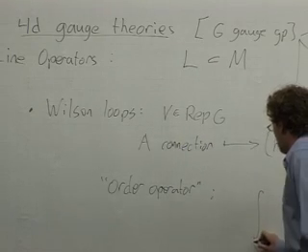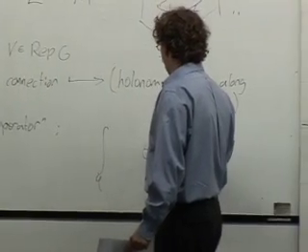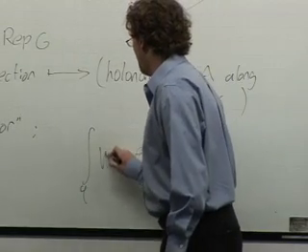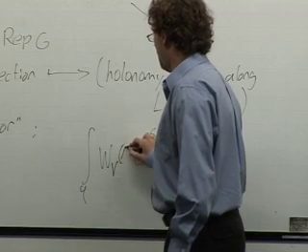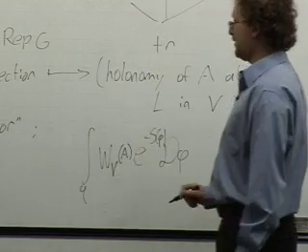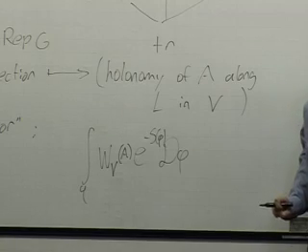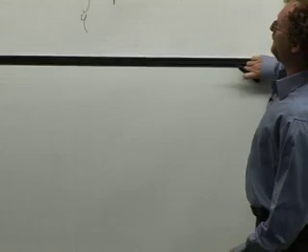So we have this integral over all the fields phi, d phi e to the minus S of phi, and we can just stick in here the Wilson operator associated to the representation V of the connection A, which is part of our field phi. So this gives me something to calculate in the quantum field theory. And so this is one kind of observable labeled by representations of G.